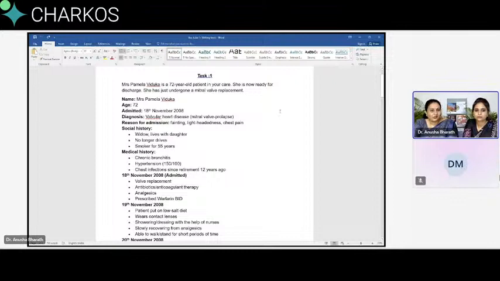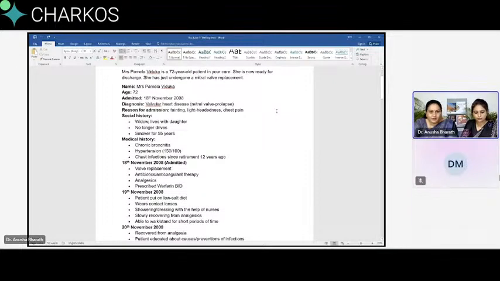Task 1. Mrs. Pamela Viduka is a 72-year-old patient in your care. She is now ready for discharge. She has just undergone a mitral valve replacement. Name: Mrs. Pamela Viduka. Age: 72. Admitted on 18th November 2008.